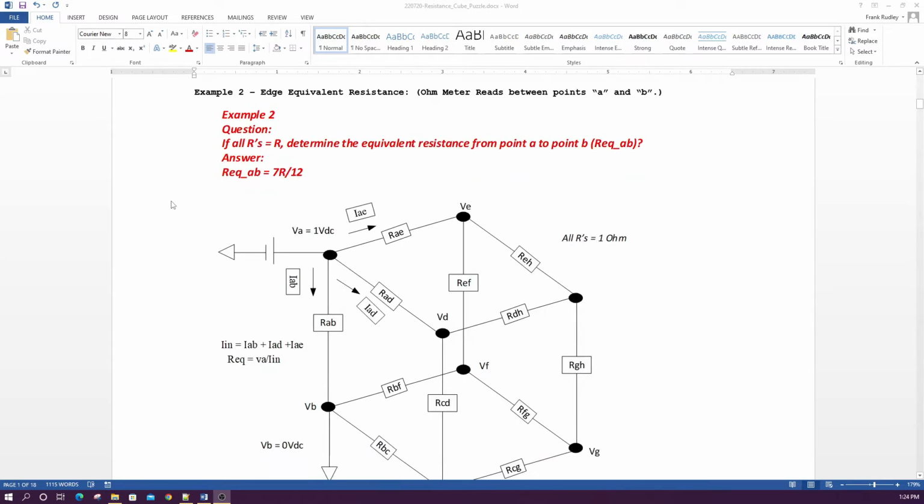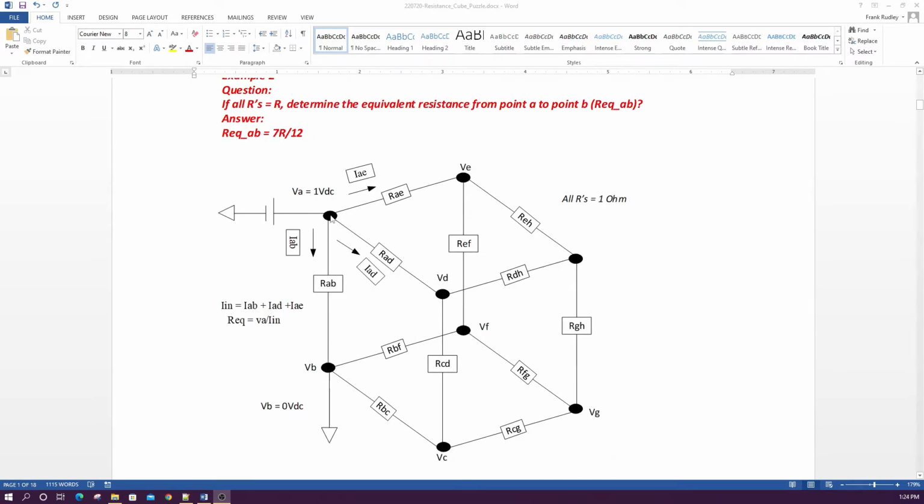So the next example we call example 2. In example 1, we did the corners. We went from this point A to H. But now we want to go from A to B. It's an edge. So it's a similar situation again.